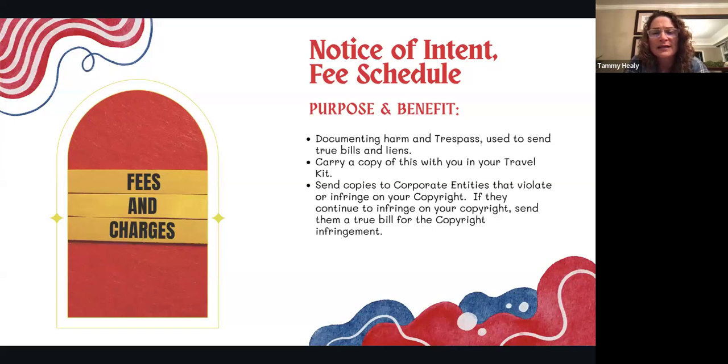Okay. And if they keep insisting that you show up, then you can send them the bill. And if they don't pay the bill and they keep harassing you, you can then put a lien on them. Okay. And that's a process that we're not going to get into today, but that's the purpose of the fee schedule.